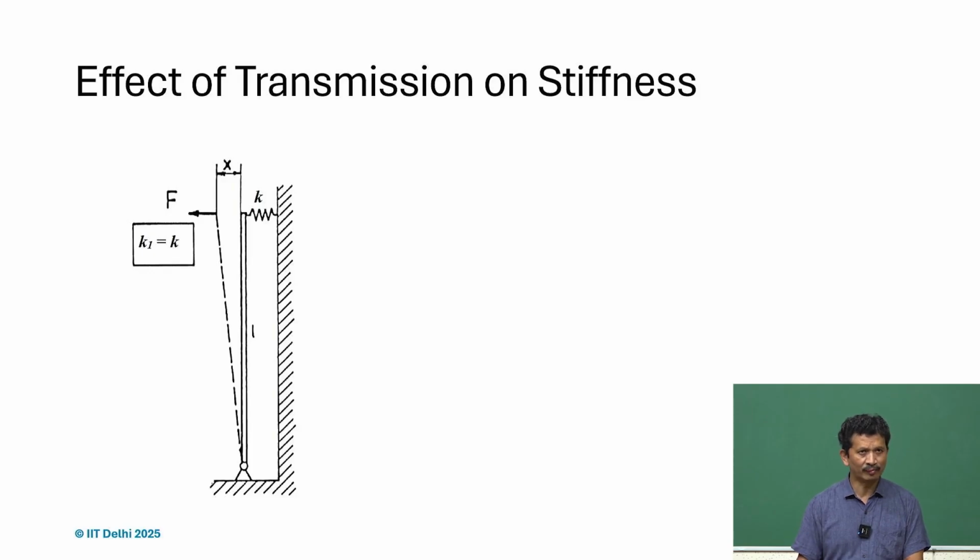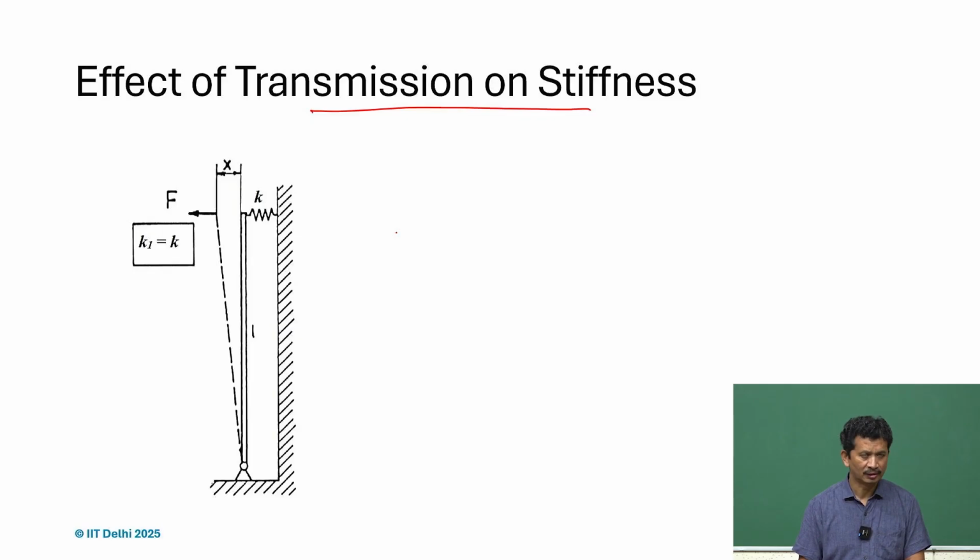We have been talking about the effect of transmission on stiffness. We started on this topic in the last lecture. What we understand, we try to explain from a very simple example.